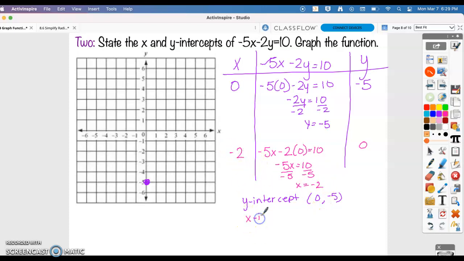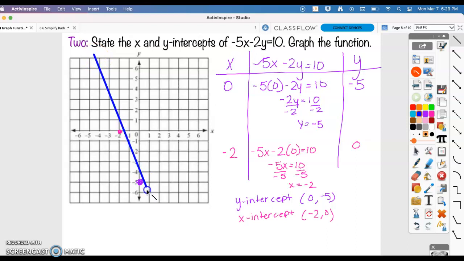So that is my x-intercept, (-2, 0). So I go to negative 2, I don't go up any. Draw your line. There it is.